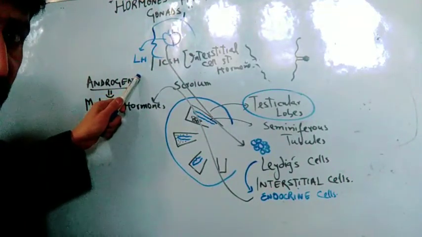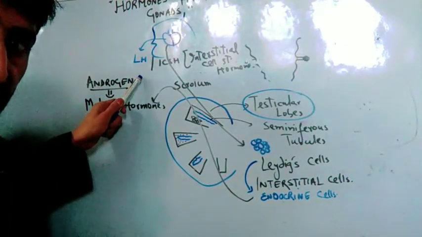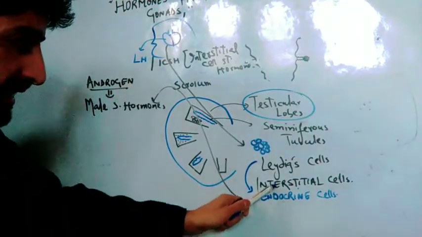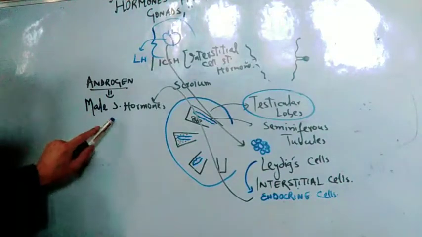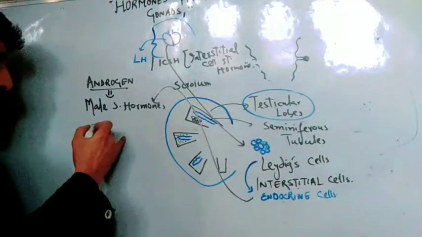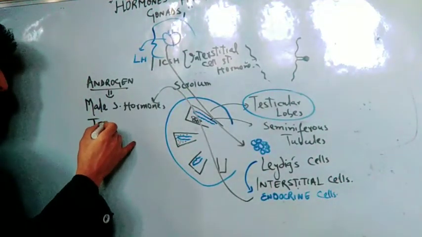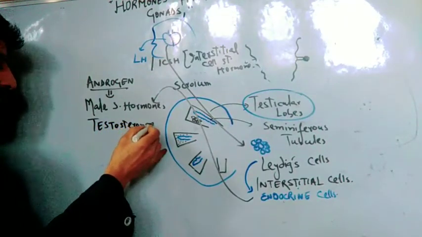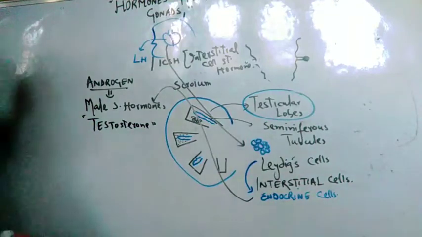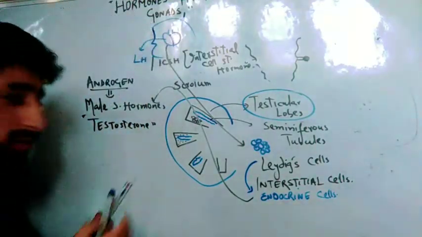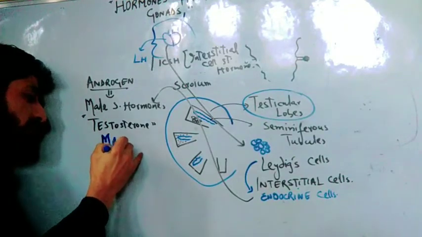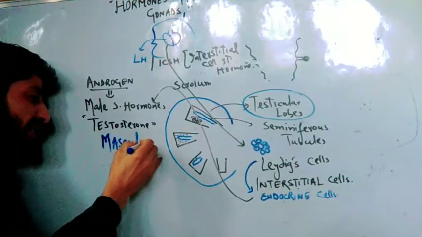After stimulation from the luteinizing hormone, these endocrine cells, these interstitial cells, then produce the male sex hormone that you call testosterone.